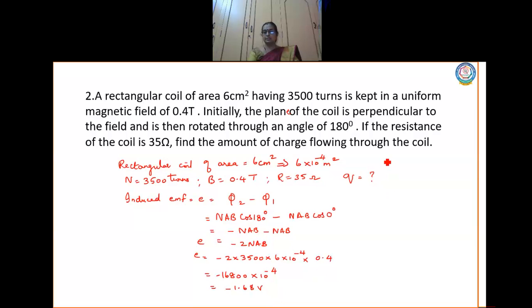So I have found out the induced EMF. Now I have to find out the value of current.